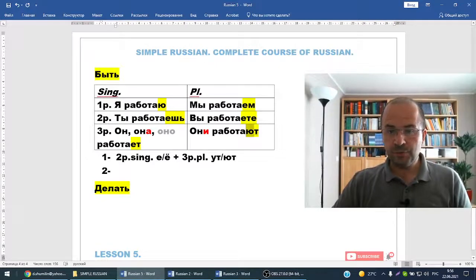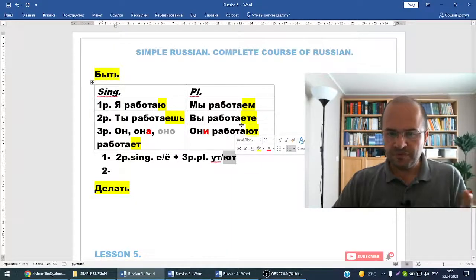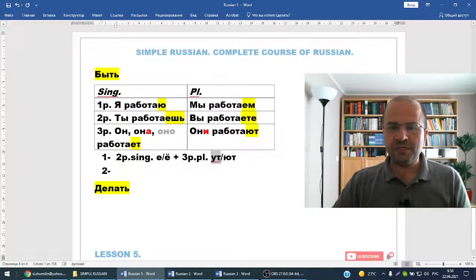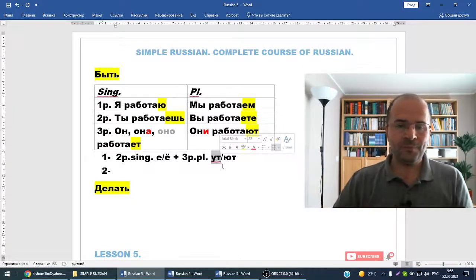Like here, ют. These are the endings, okay? It can be ут or ют. So in this verb it is ют, работают, but in other verbs it can be ут, okay? For example, идут, they walk, they go, right?